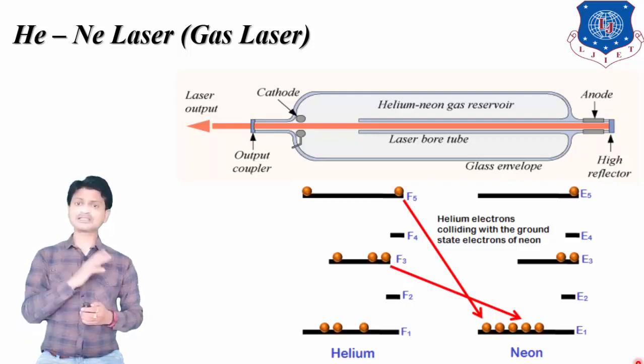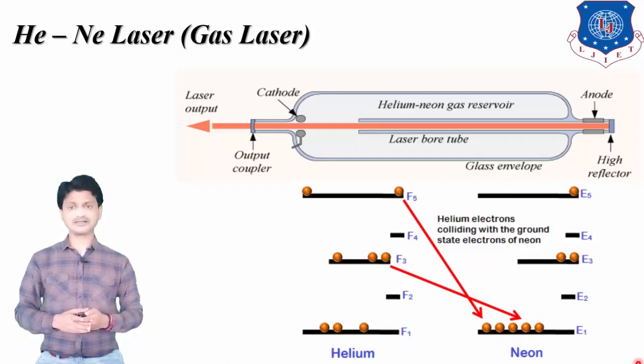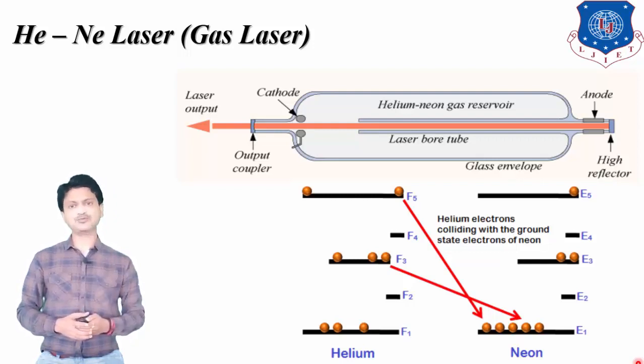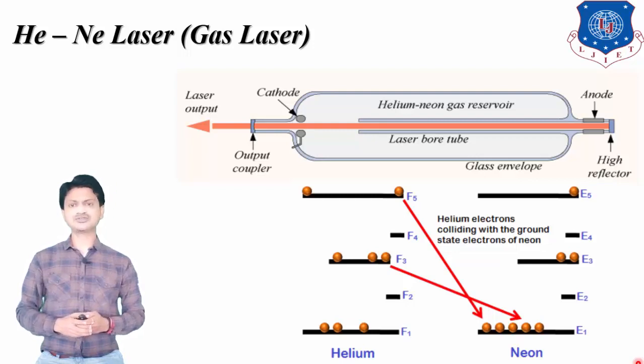However, after achieving population inversion, more electrons will remain in the higher energy state than in the lower energy state. So in order to achieve population inversion, we need to supply energy to the active medium. Different types of energy sources are used to supply energy to the gain medium.